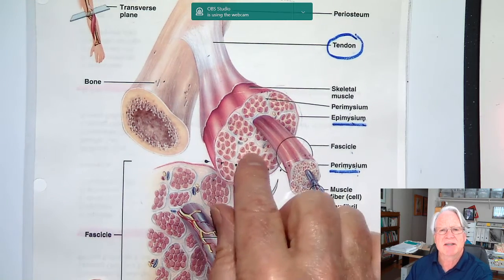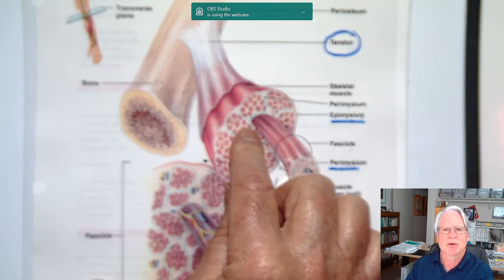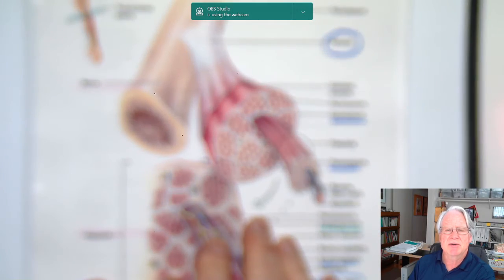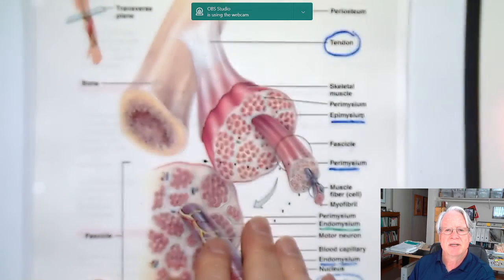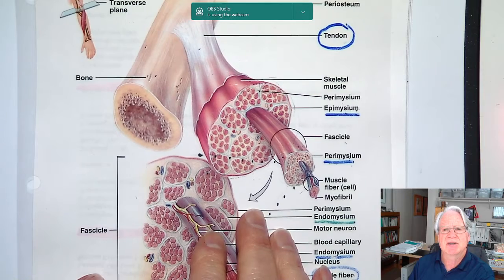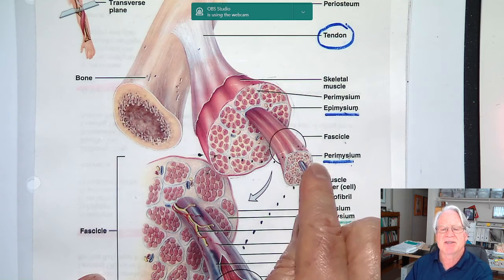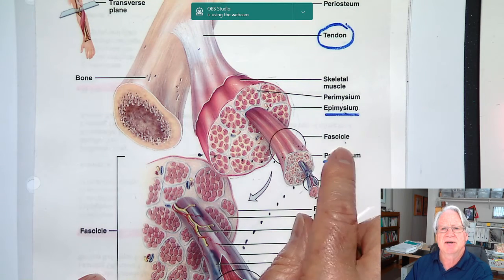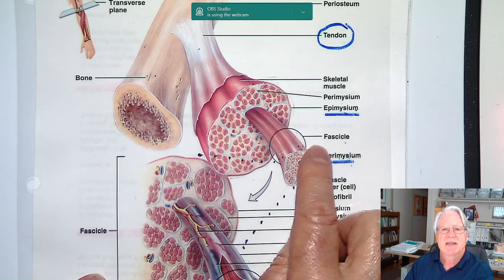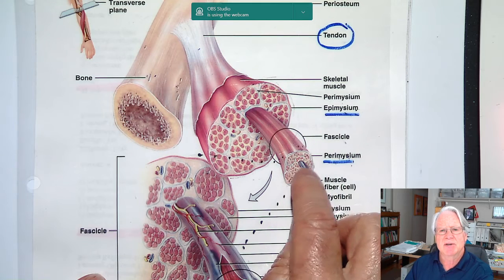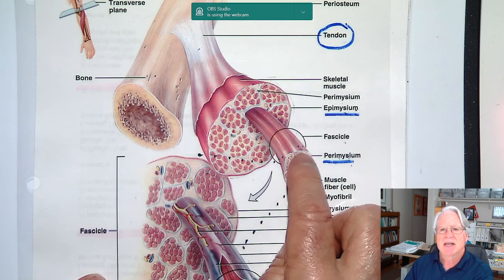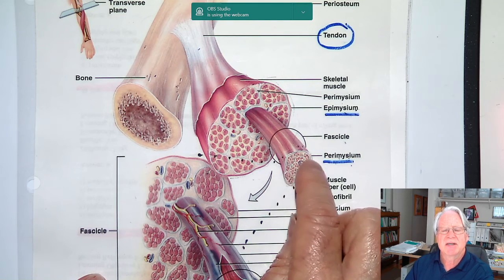So we're going to bundle the muscle cells into groups, and we're going to use connective tissue once again to do that, and that's going to be the perimysium. That bundle of cells that you see right here is called a fascicle. That fascicle is composed of varying numbers of cells, so each fascicle can be a different size within the muscle.